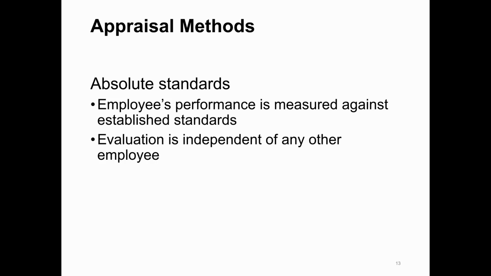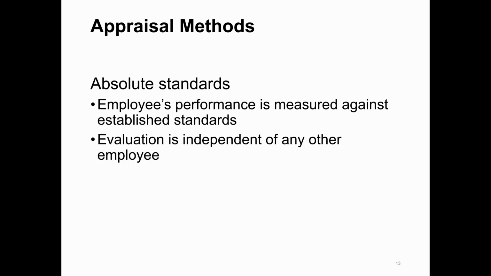The second point is that evaluation is independent of any other employee. This is really important in absolute standard, and this is one of the differentiations between absolute standard and relative standard. All of the employees are measured or evaluated independently of each other.